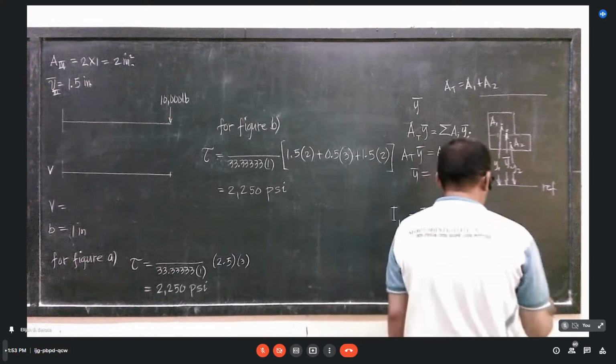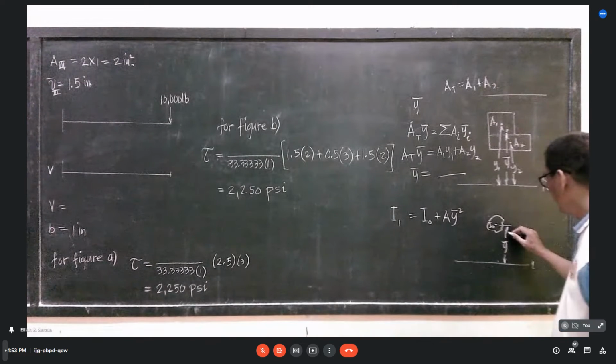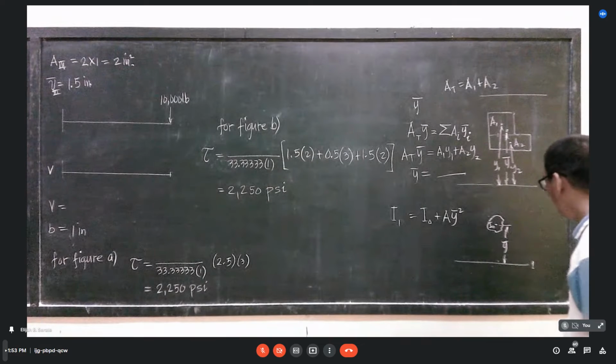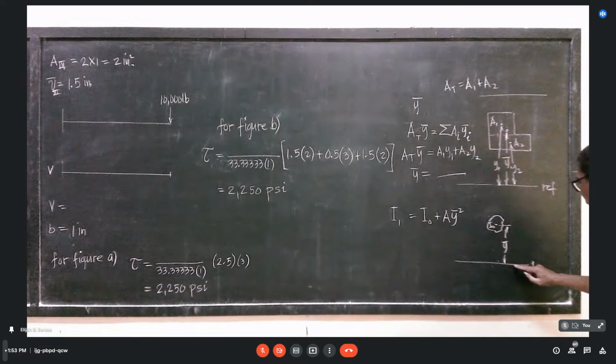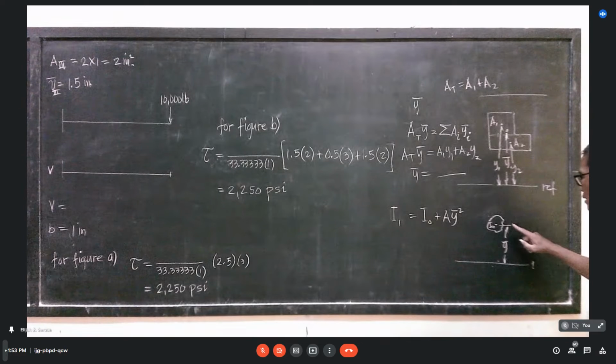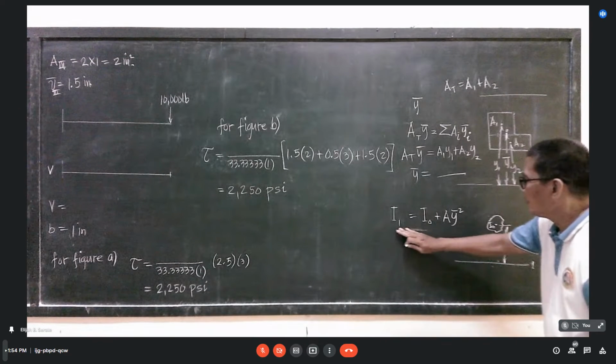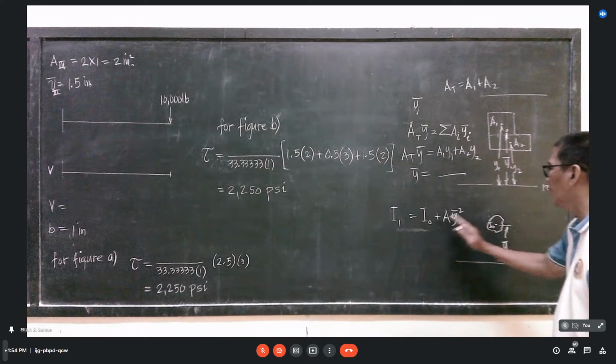So, what will happen if there is another area? What we do is the same, but our reference will still be the same axis. Because once we have converted this into the same reference axis, we can add them all.